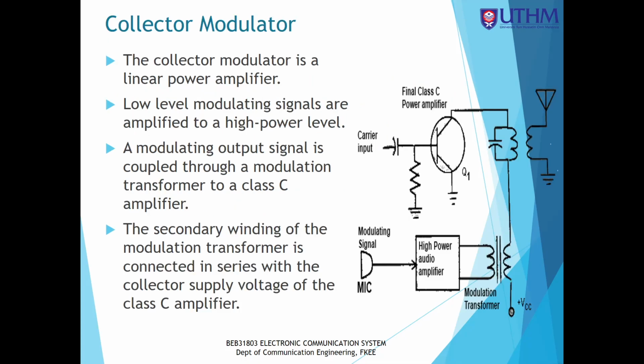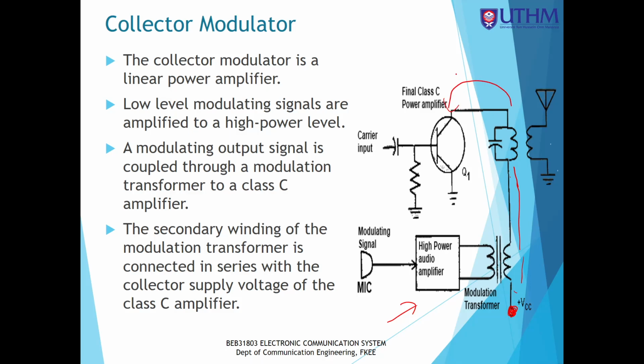So for the first one, the collector modulator, you see that here we use a transformer and also an amplifier to amplify the input message. The VCC is here, and the current flows in these directions. It will charge the tank circuit.